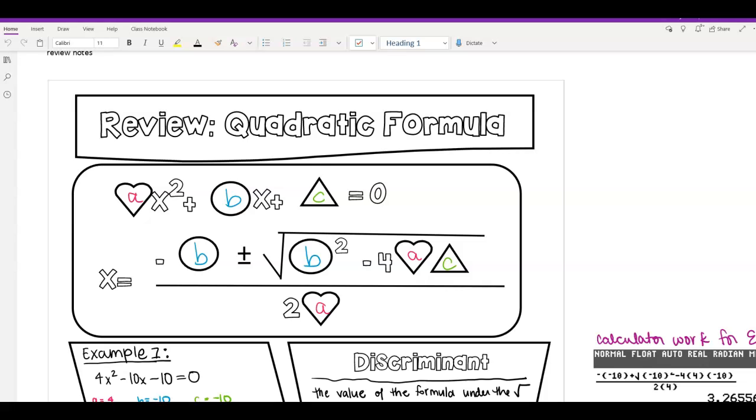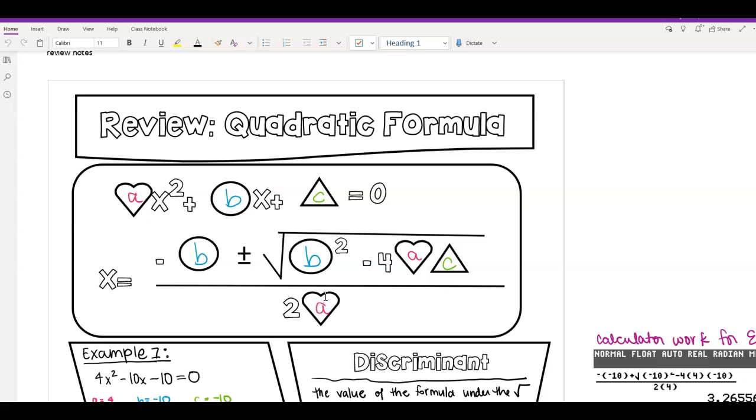Enter the quadratic formula. So if you remember, if I have a quadratic equation where I have some number x squared plus some number x plus some number equals 0, then I can use the quadratic formula. And the quadratic formula says x equals negative b plus or minus the square root of b squared minus 4ac all over 2a. Remember, there were lots of videos that we watched on YouTube.